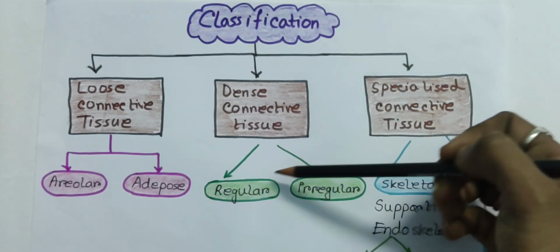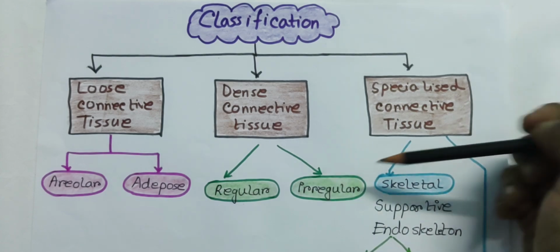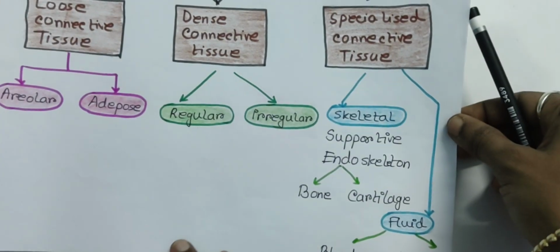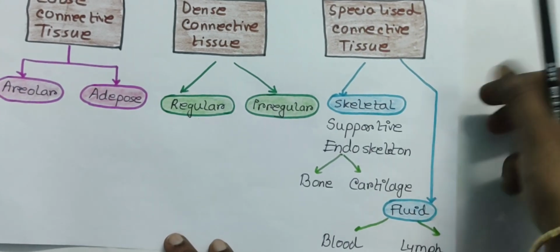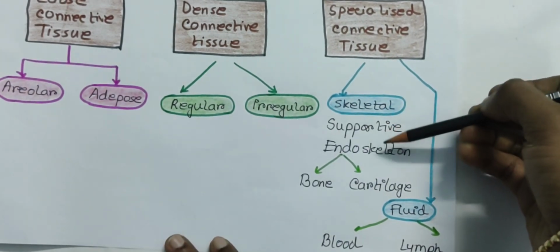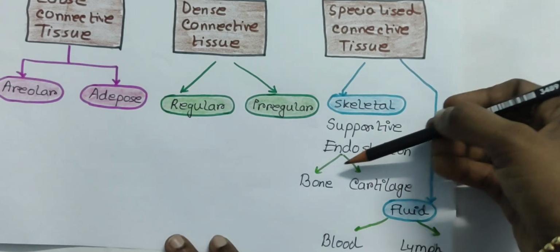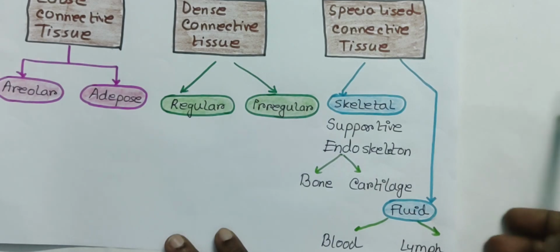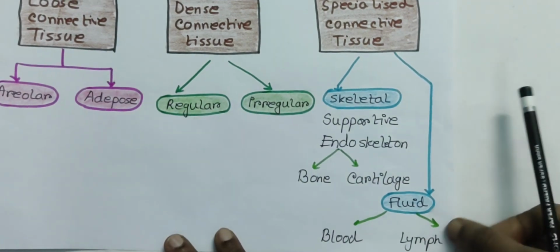It is also divided into regular and irregular. And the next is the specialized connective tissue. Specialized connective tissue is divided into two types. One is skeletal, that gives us support, that is our endoskeleton. It is made up of two types of tissue, that is bone and cartilage. And there is a fluid connective tissue, blood and lymph.